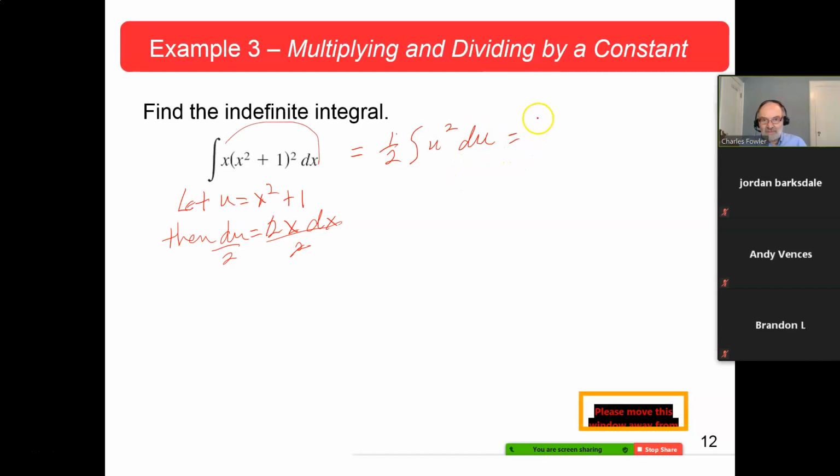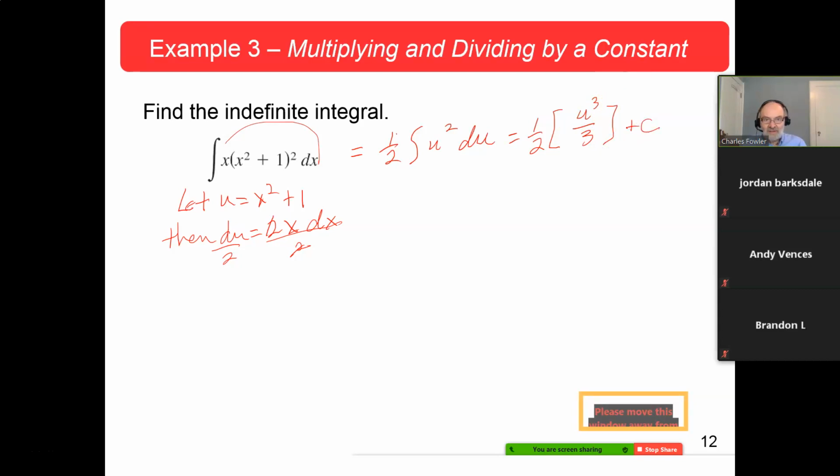And I think I could probably even do that one. What would that be? I'll write down the 1/2. Antiderivative of u squared du. Anybody? Come on. Perfect. u cubed over 3 plus c.